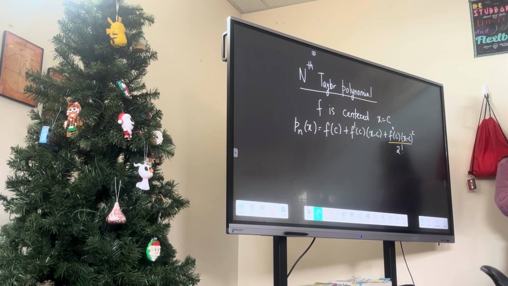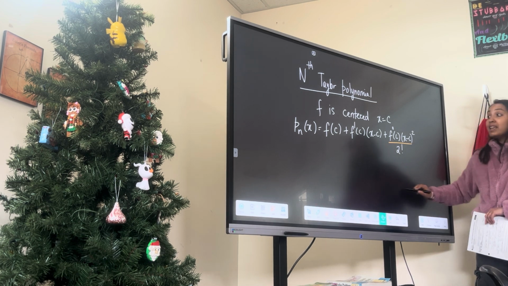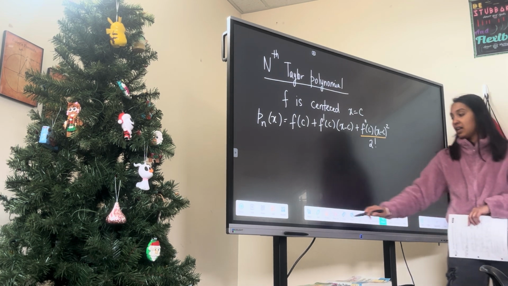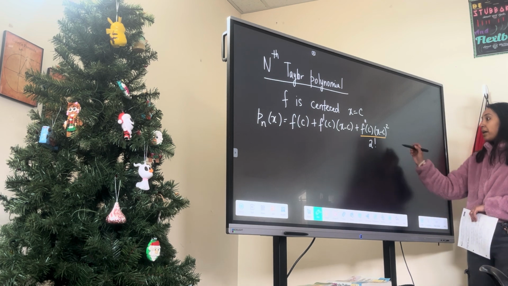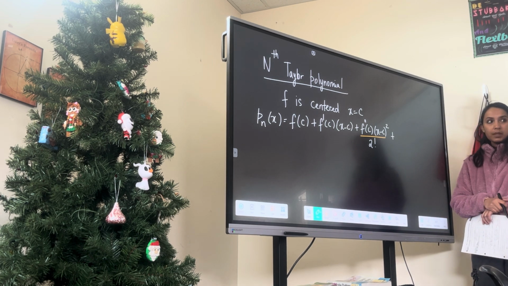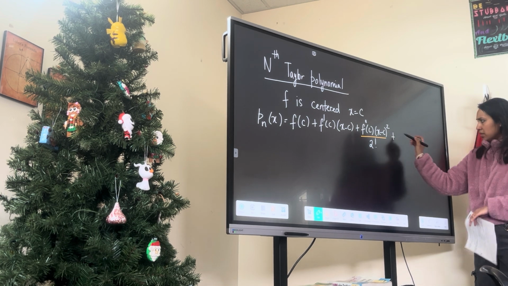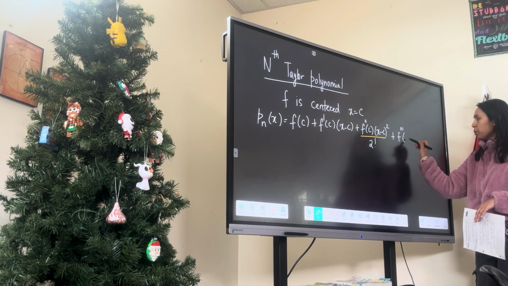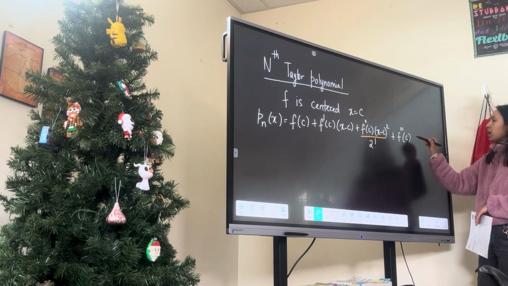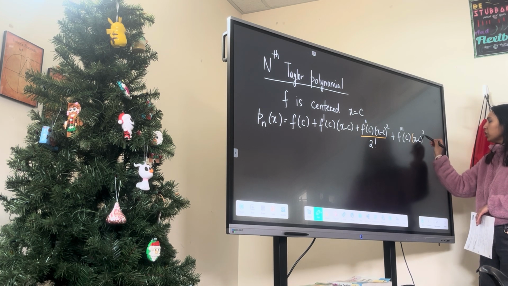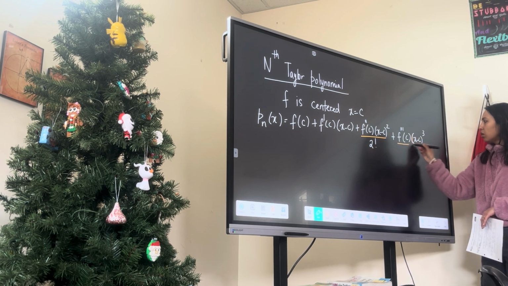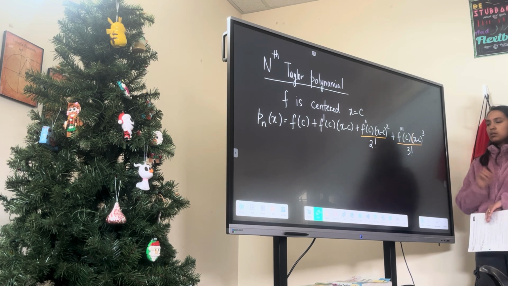Is there more? Yes. No cheat sheet for these. Look at the pattern, children. Plus 3 factorial, triple prime of c times x minus c cubed over 3 factorial.